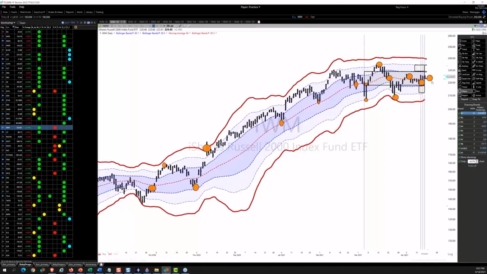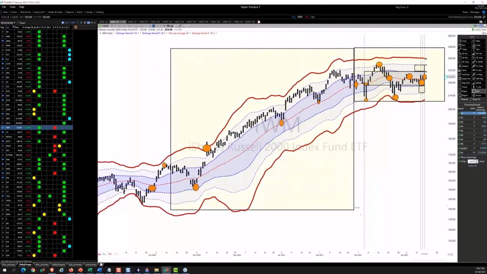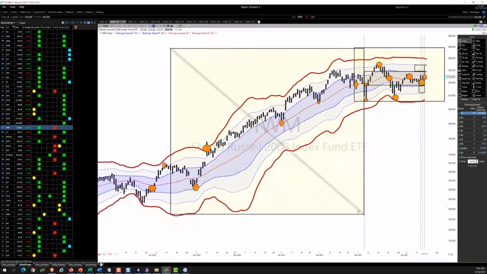Now, failure to fail is information, but failure to follow through is information. So now we actually have a different characteristic market type in here compared to this wonderful upward move that we enjoyed for 6 months.